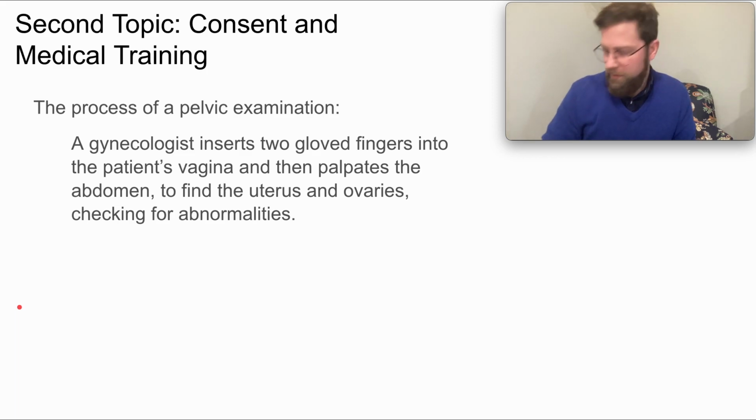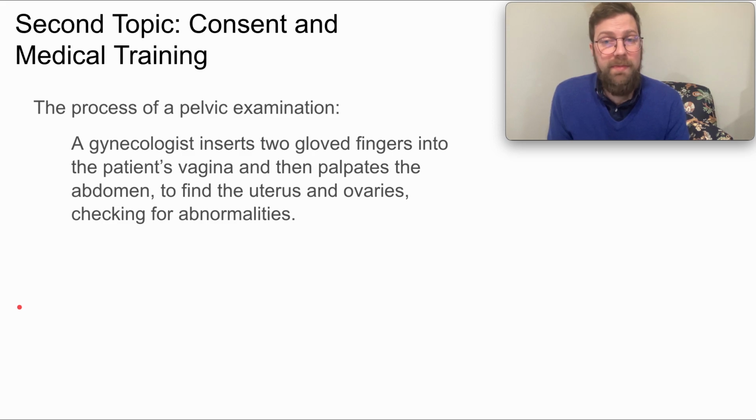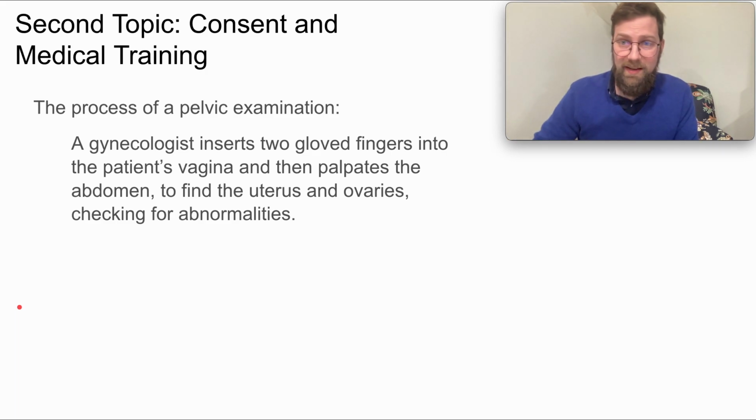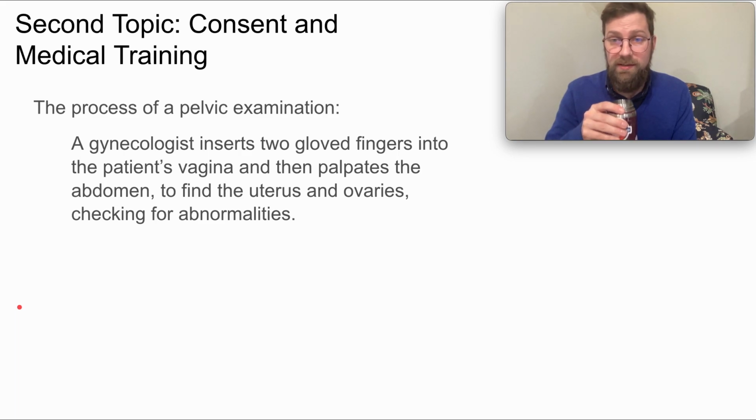They feel them in order to check for abnormalities and to understand the anatomical structure in a particular patient. So this is a process which is intimate, that is, it involves a patient's genital regions. And it's also a process that's uncomfortable for patients.